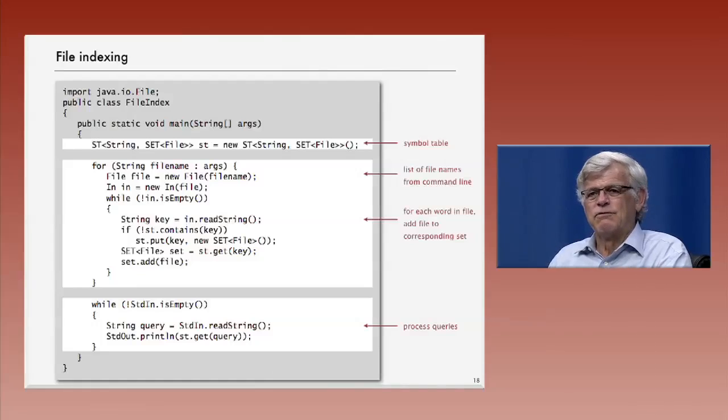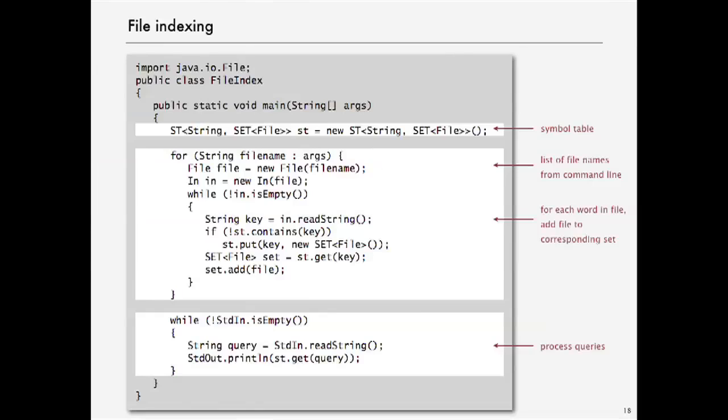Here's the implementation of file index using our symbol table implementation. We're going to build a symbol table that associates string keys with sets of files. So the first thing we do, as before, is build the index. This time we're going to take the list of file names from the command line. For each file, we're going to create an input stream and read every word in the file.